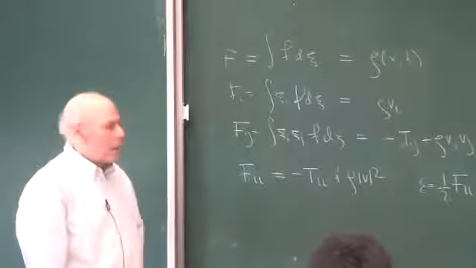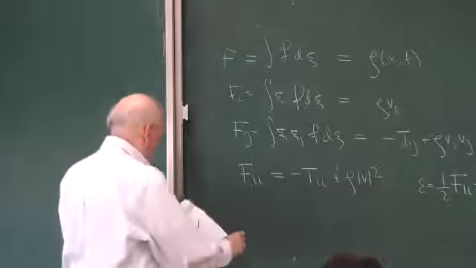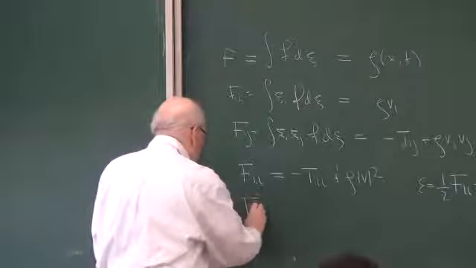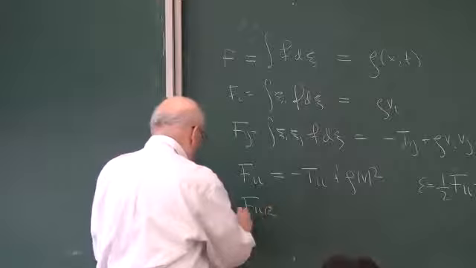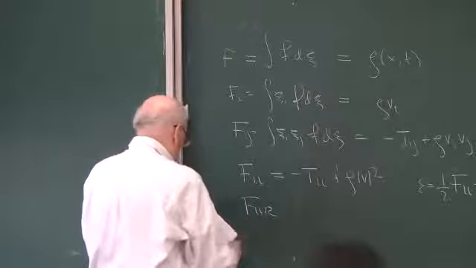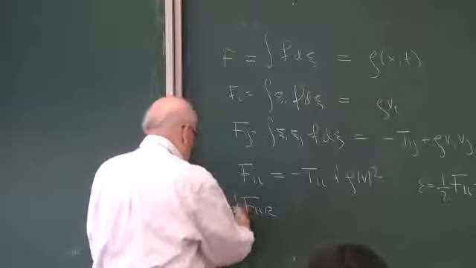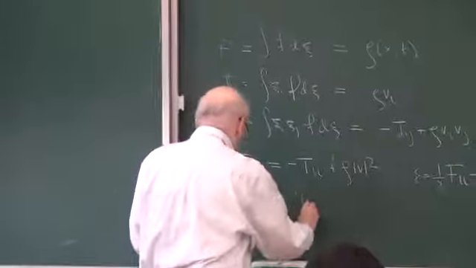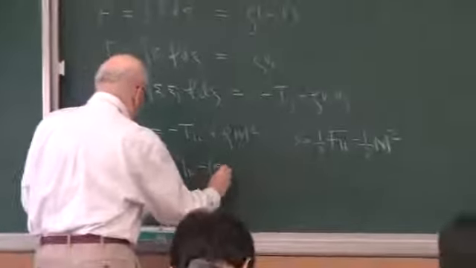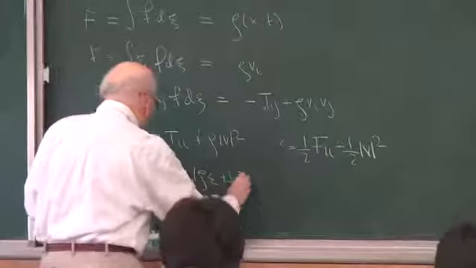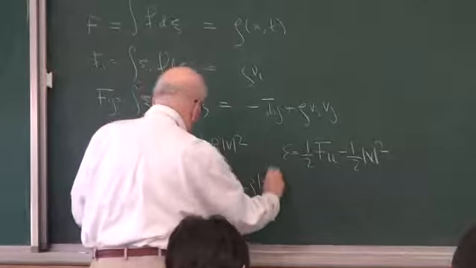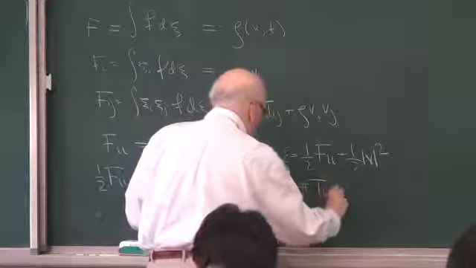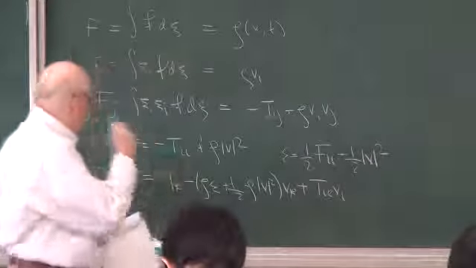And one more guy, which is the F_iik. I put it as 1/2 F_iik equals q_k minus rho epsilon plus 1/2 rho v squared v_k plus T_ik v_i.